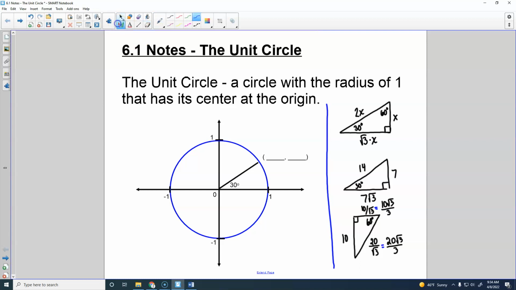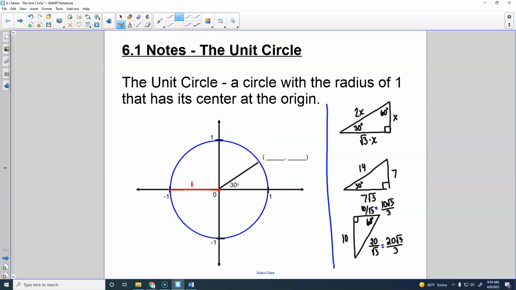So from the center to the edge in all directions, the length of that radius right there is 1. You can see that because right here we have the point 1, 1, negative 1, negative 1.